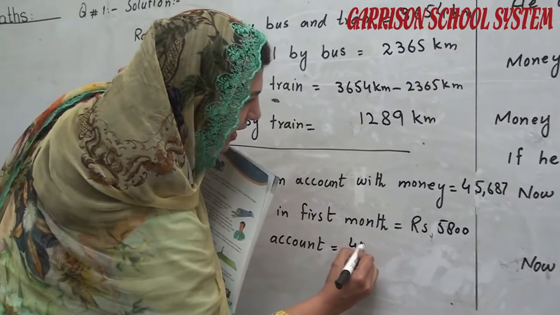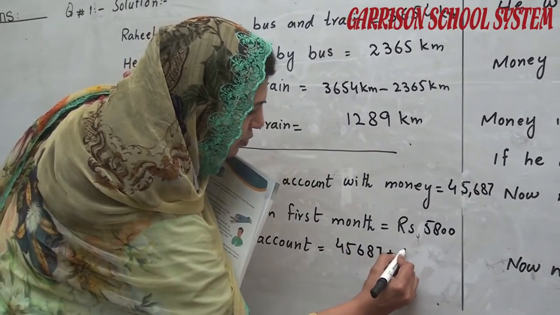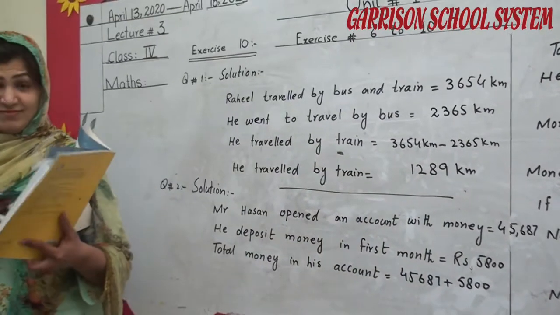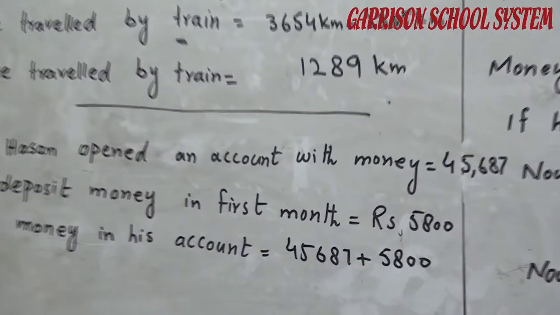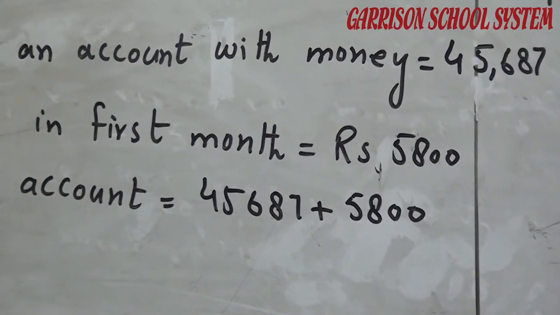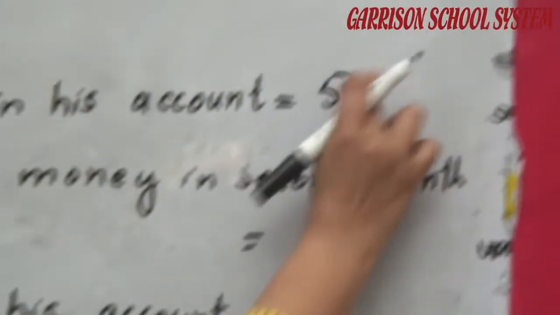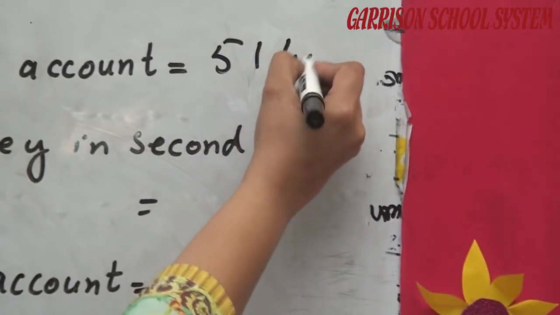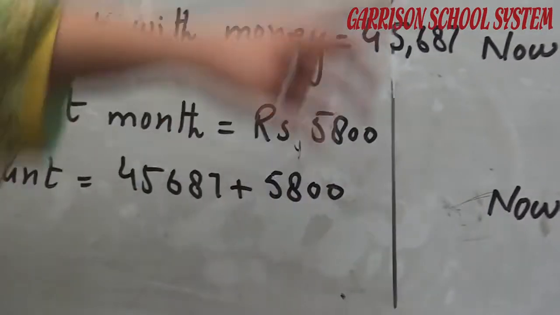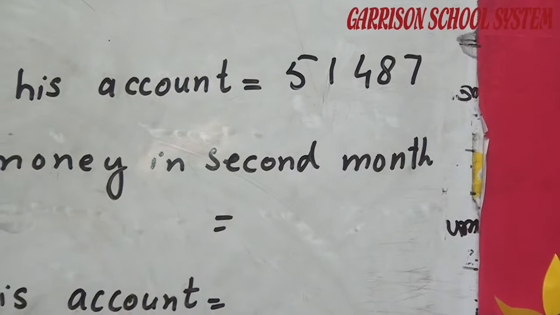Now for the total money in his account, we will add all the amounts. So what is the answer? After adding both amounts, when we add 45,687 plus 5,800, we get 51,487.